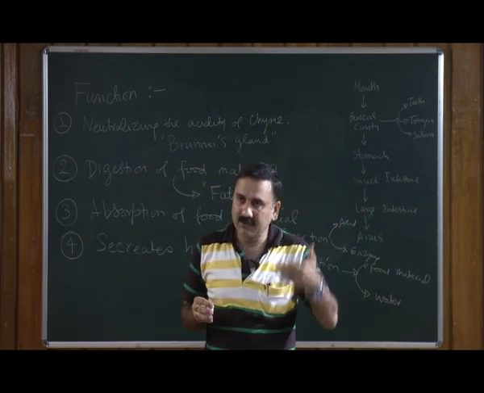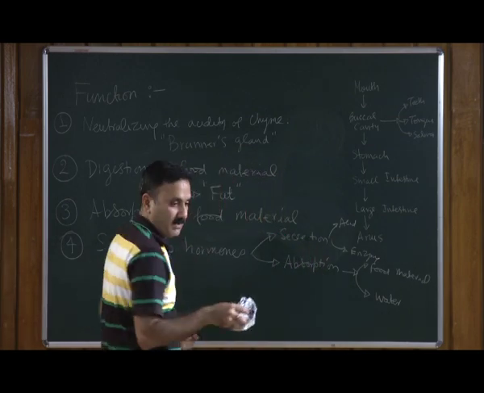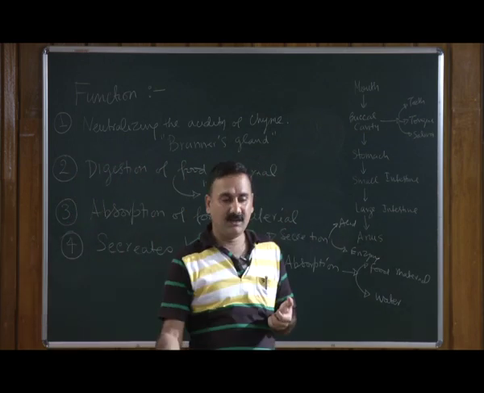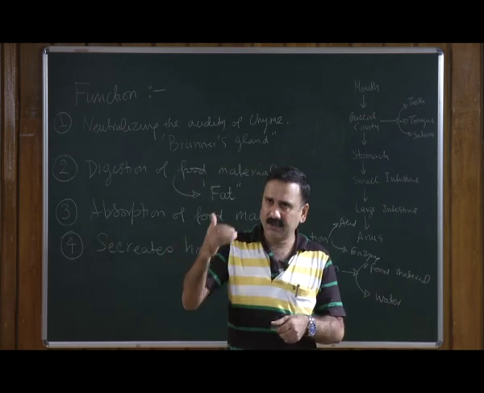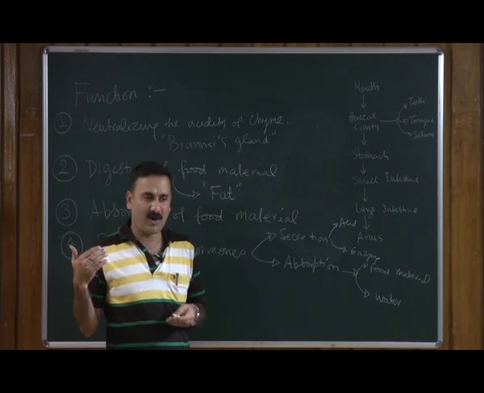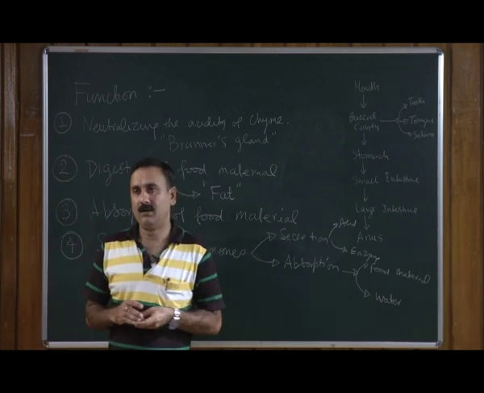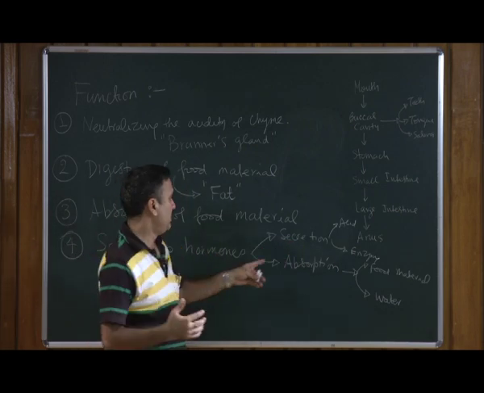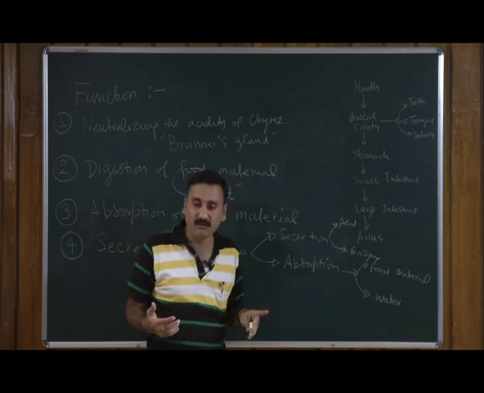There are a series of hormones, for example, secretin, enterogastrone, pancreozymin and villikinin. These are just a few examples of hormones secreted from the small intestine, which help in coordinating the activities within the alimentary canal in terms of the secretion of different types of molecules as well as the absorption of different types of food material.